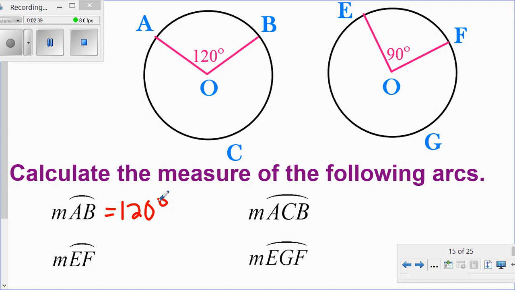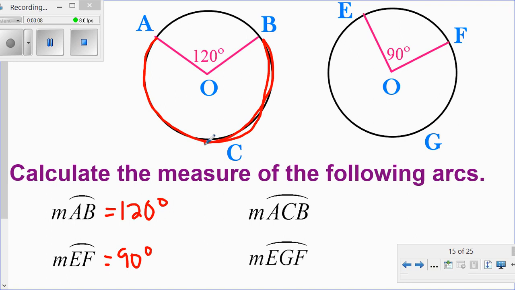The measure of arc EF: in this second diagram, the central angle has measure 90 degrees, therefore the arc also has a measure of 90 degrees. Now, the measure of arc ACB. Remember, we talked about major arcs before. When it has three letters, I know it's referring to the whole major arc ACB.